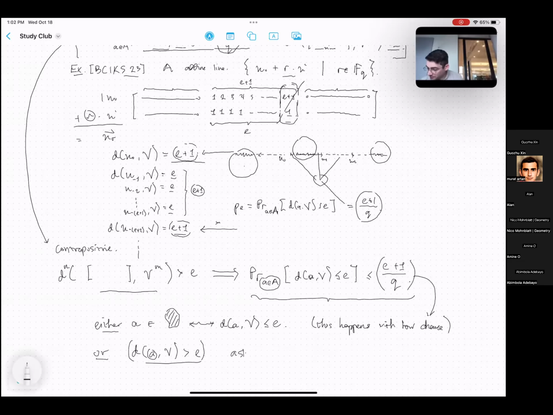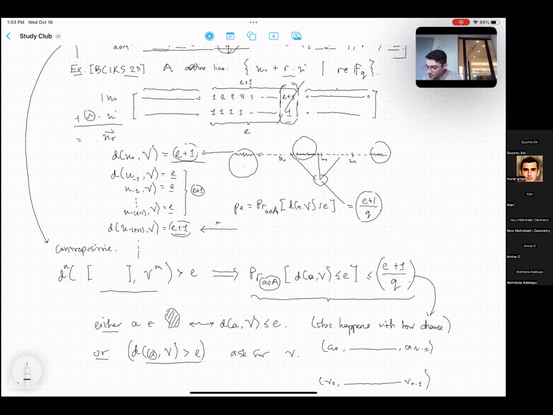Ask for V. And now we have these two vectors, A0 up to An minus 1, and V0 up to Vn minus 1.